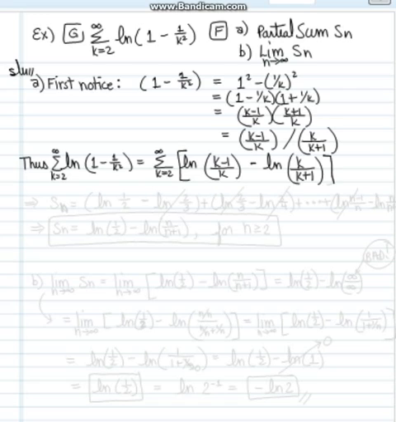Because of the rules of logarithms, when you have the log of a over b, it's the log of a minus the log of b.